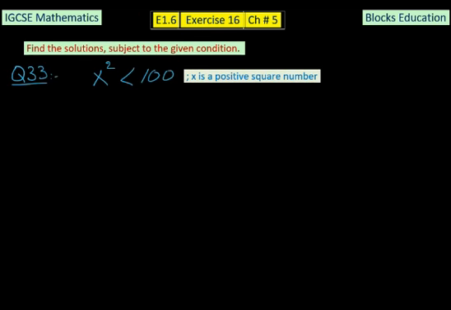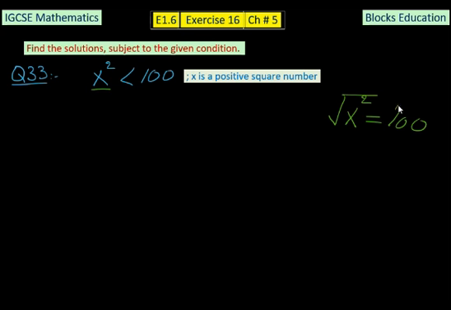In question number 33, it says x squared less than 100, and the condition says x is a positive square number. Now this is a very interesting situation because we have a square number for the first time. Before we solve this inequality, I just quickly want to remind you, suppose you have x squared equals 100. To move the square onto the other side, you take the square root on both sides.